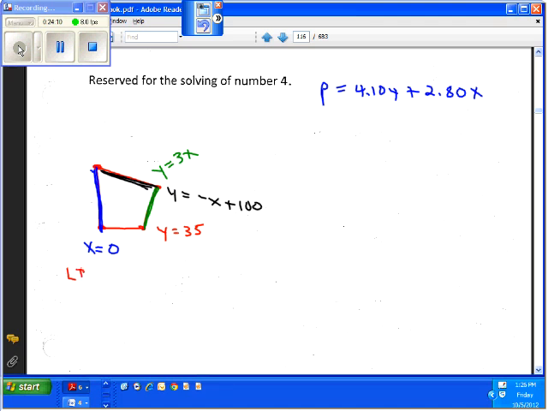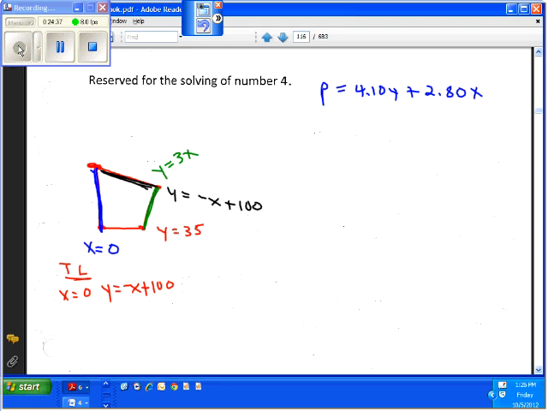I'm going to say top left. So we're going to find the top left corner. That's this one. It comes from the equation x equals 0 and the equation y equals negative x plus 100. Those are the 2 things that hit the top left corner.